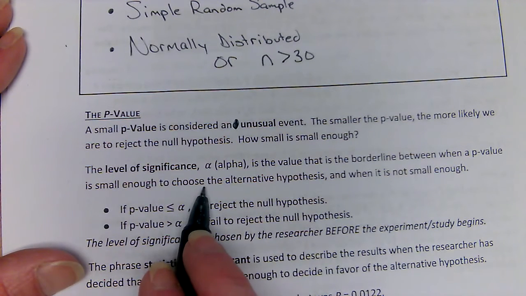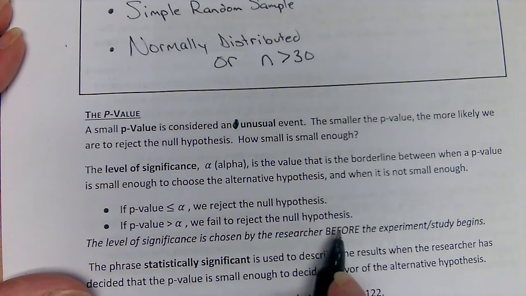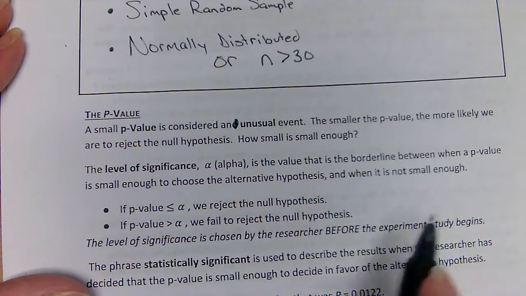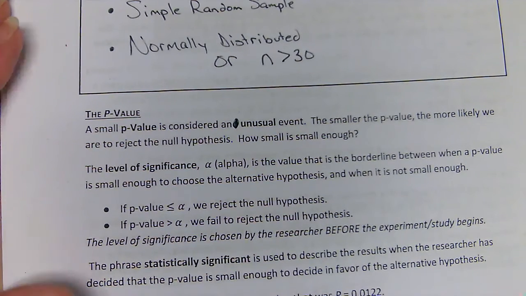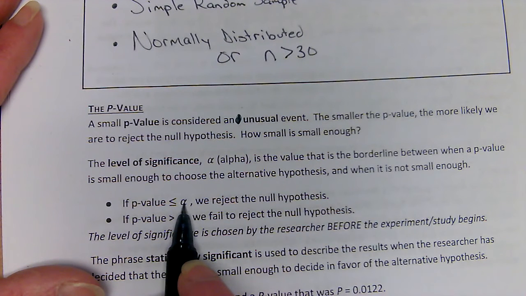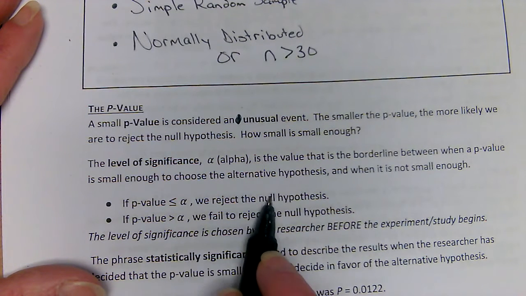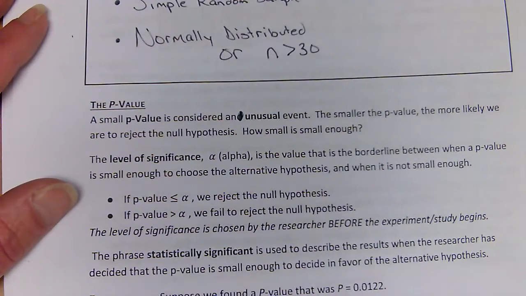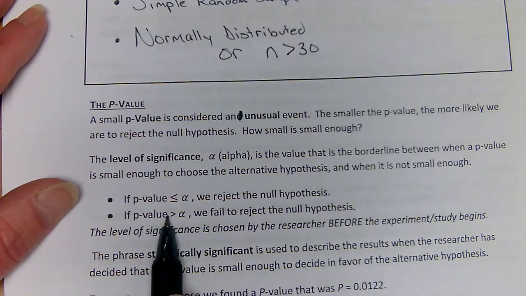So this level of significance is chosen by the researcher before we even begin the study. And it's what we're going to compare to. So if our p-value is less than that, we are going to reject the null hypothesis. If the p-value is greater, we will fail to reject.